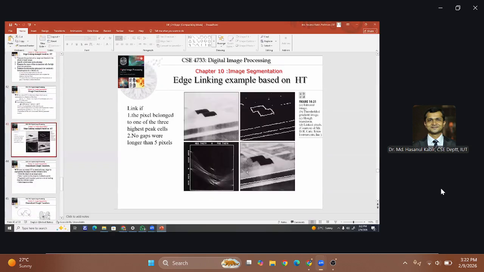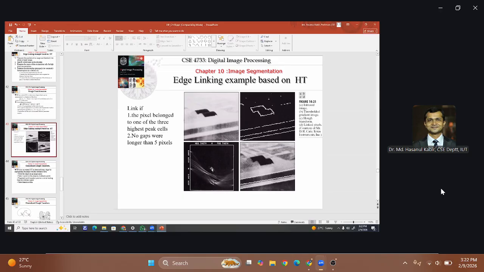Let's say if I look at this particular example, you will see that after doing the Hough transform, we will detect significant horizontal edges that will be aligned in these directions. And once we do this accumulation, the Hough transform output will be something like this.